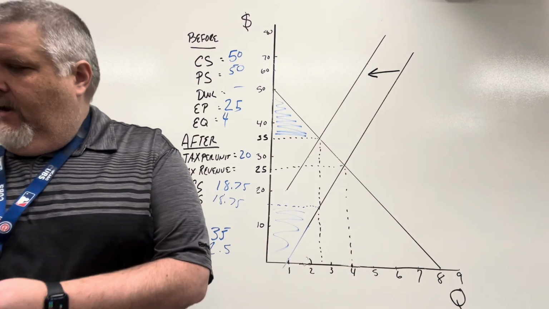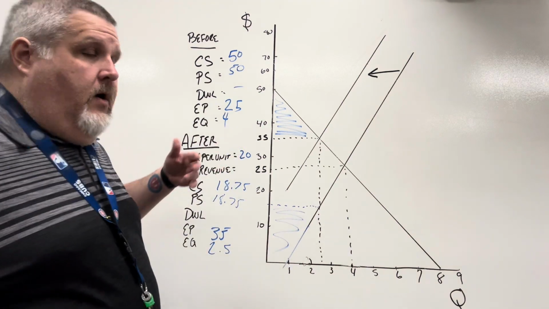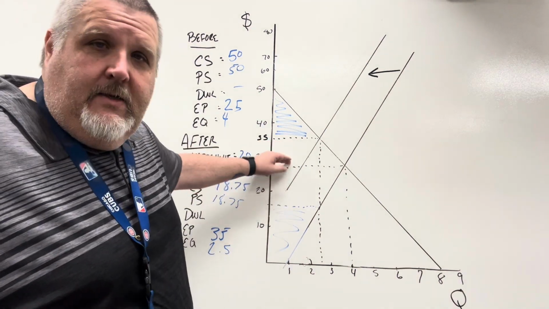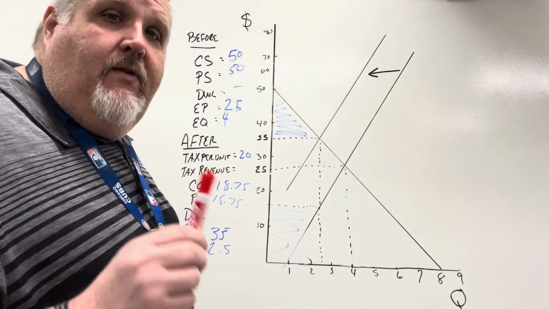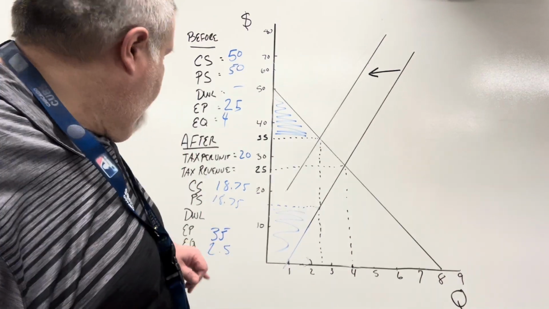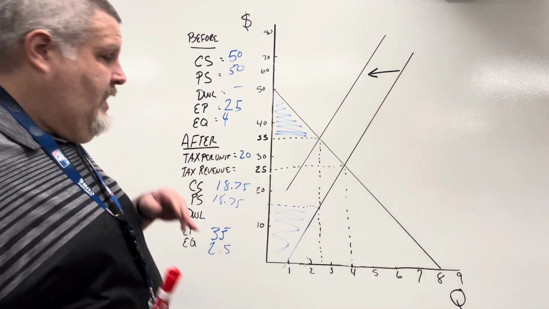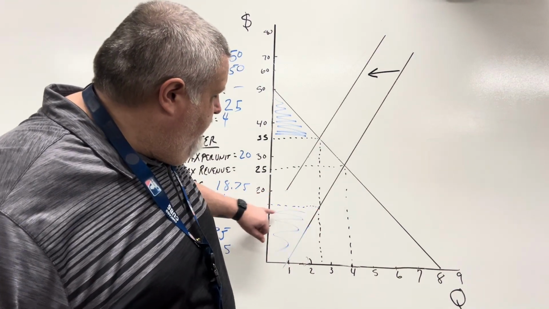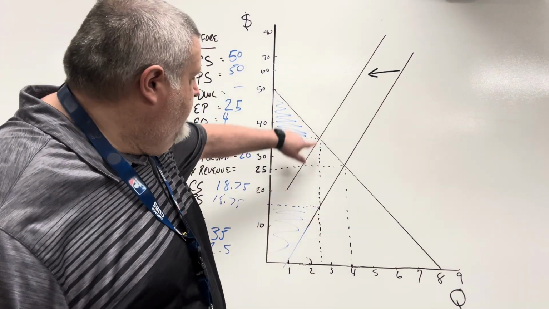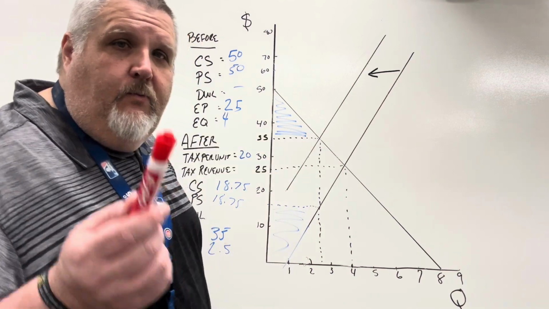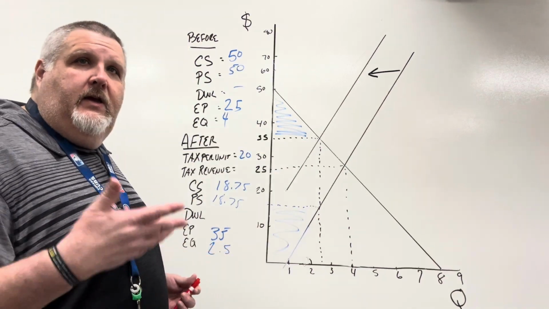Now let's go ahead and check this out. What's left here, this box, that is our revenue for the government, okay? That's our tax revenue. So how much is that? Well, we know it's 2.5 times 20. 2.5 times 20 is going to be 50, right?